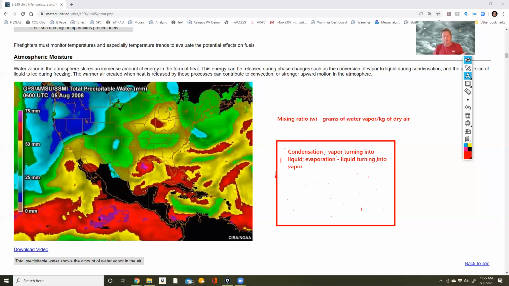So, review. How do you change the amount of water vapor in the box? Answer, evaporation or condensation. Condensation is taking vapor out of the air, less vapor, less mixing ratio. Evaporation is taking liquid and making it go part of the air.